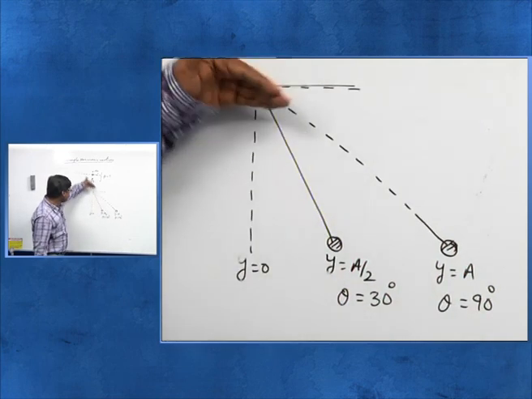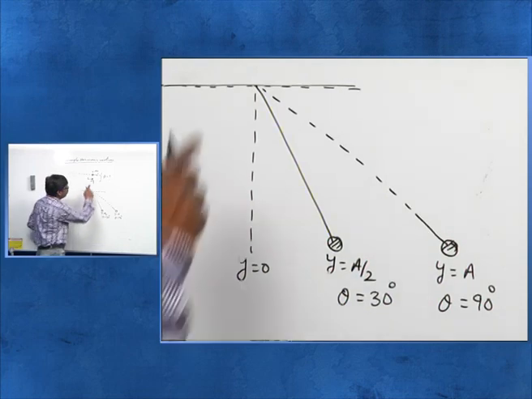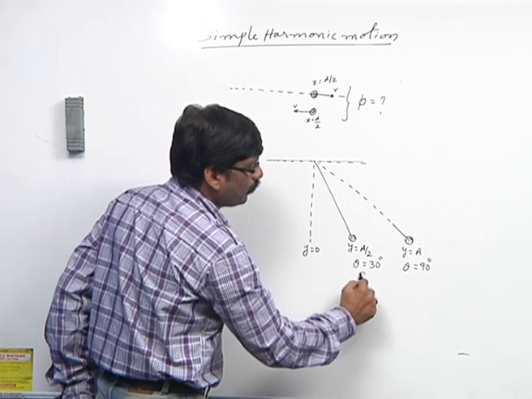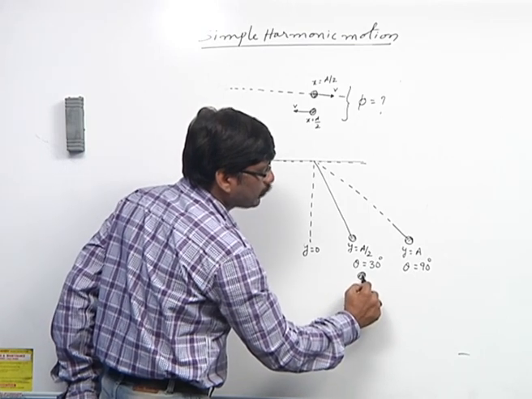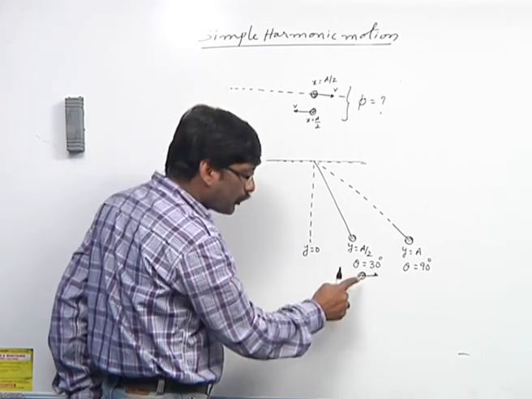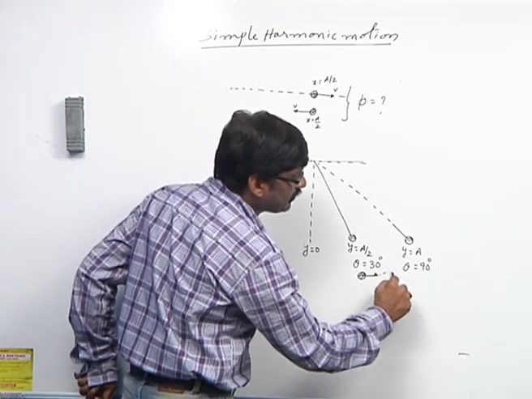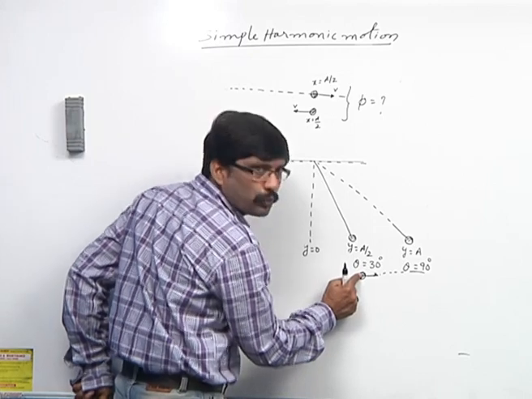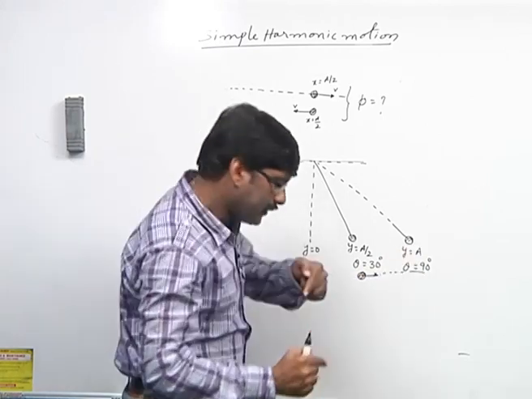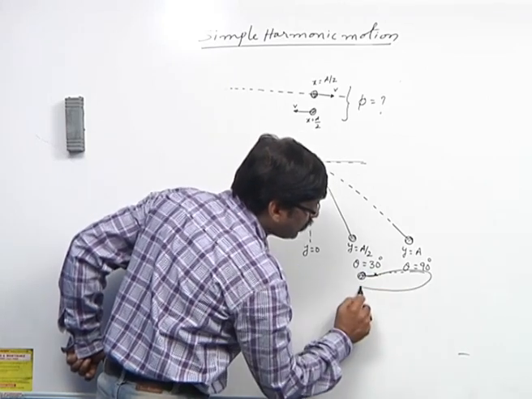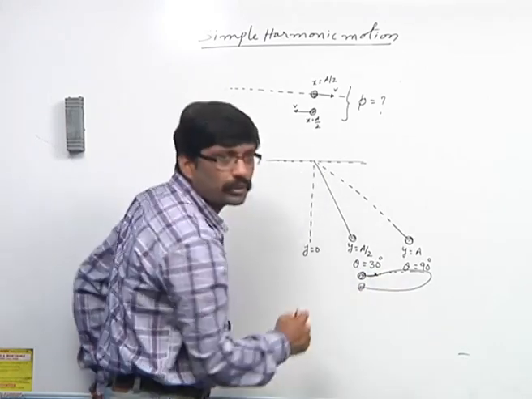Now look at the condition given. They are meeting at y is equal to a by 2. Imagine this bob has to come back to the same position. What must be the phase change? From 30 to 90, 60 degrees it has to go. Again, to come back to the same position, another 60 degrees it has to go.